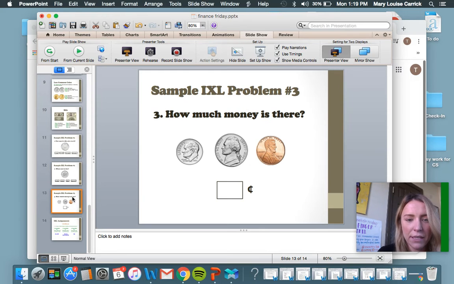And then finally, some of you may be doing problems on counting your coins. I think this is only going to be NB that should be doing this, but you would need to, first of all, identify what coin is what, and then that way you can identify the value of the coin, right? So I know that this is a dime, and I know that a dime is worth 10 cents. So you're going to be adding 10 cents with this nickel, which is 5 cents.